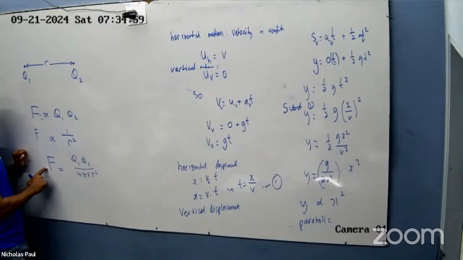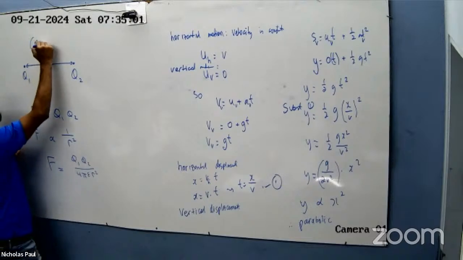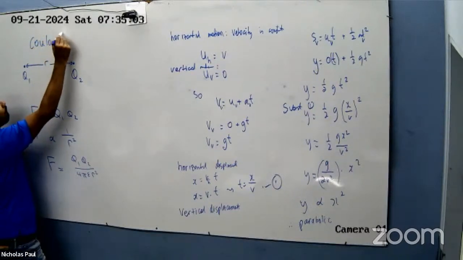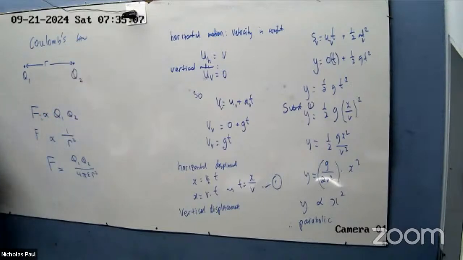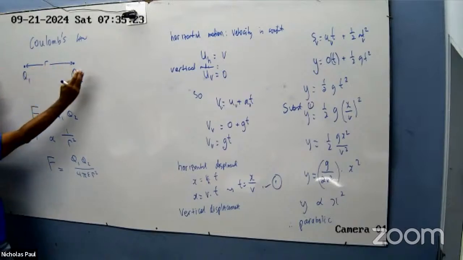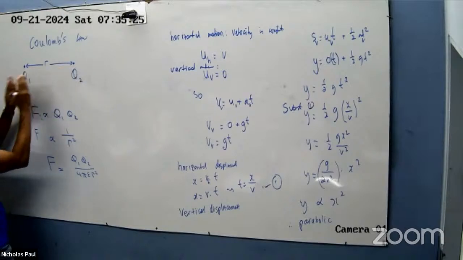That's Coulomb's law. Of course, the bigger the charges, the bigger this force. The closer they are, the R will be smaller, so the force will be larger. The further away they are, the smaller the force; the closer they are, the bigger the force.